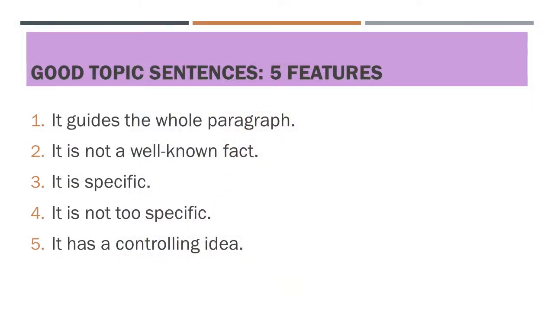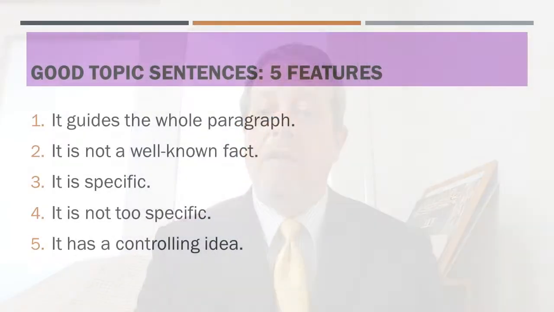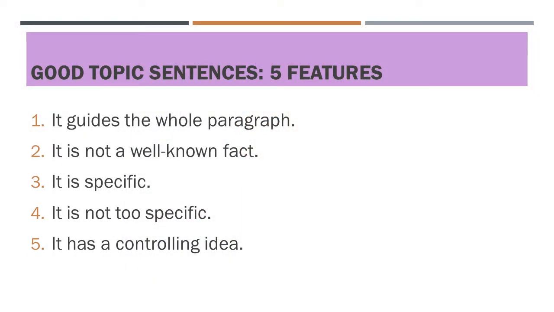It shouldn't be too big because it just doesn't fit a paragraph. But at the same time, it shouldn't be too narrow either. If there's not enough that you can say to support the topic sentence, it's too narrow and you'll need to broaden it. Finally, number 5, it has a controlling idea. Again, we'll talk a lot about controlling idea today, so you'll see what that means in the next couple slides.